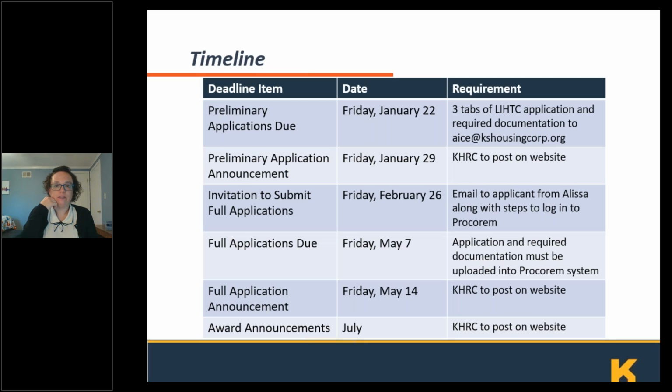So this is the timeline that we're looking at for the 2021 year. The preliminary applications will be due on Friday, January 22nd. The preliminary application will look like the first 3 tabs of the Excel application and the required documentation, which will be related to site selection and the development team.